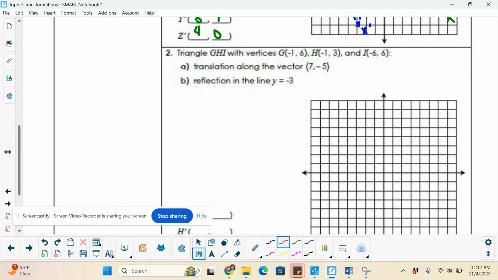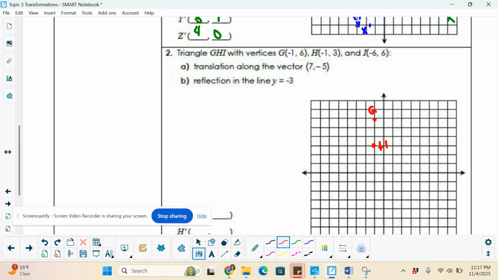All right, I'm going to go ahead and graph my original, or my pre-image. G is going to be at -1, 1, 2, 3, 4, 5, 6. That's my G. H is going to be at -1, 1, 2, and 3.